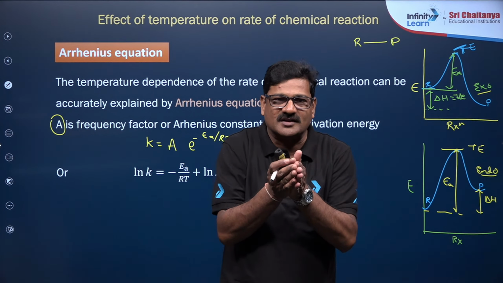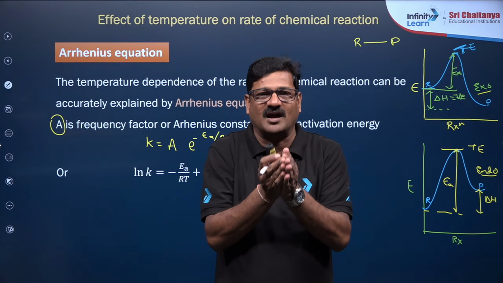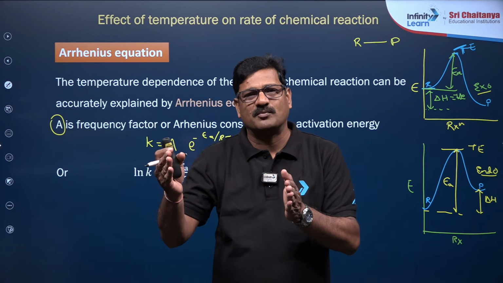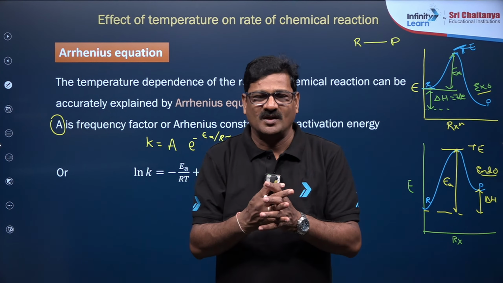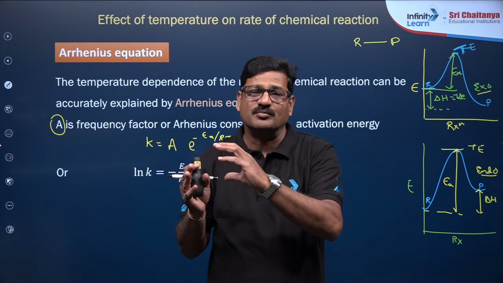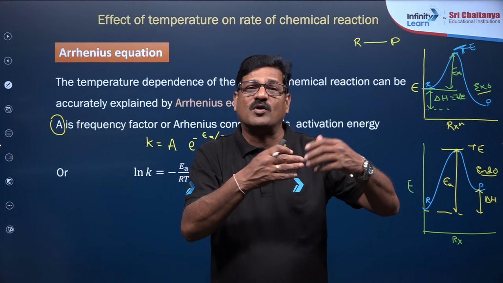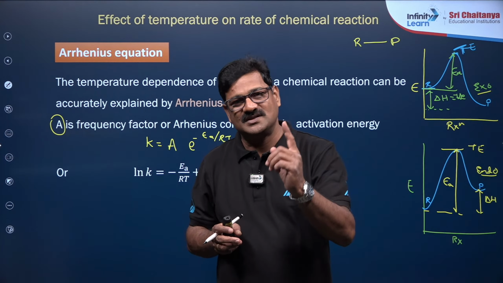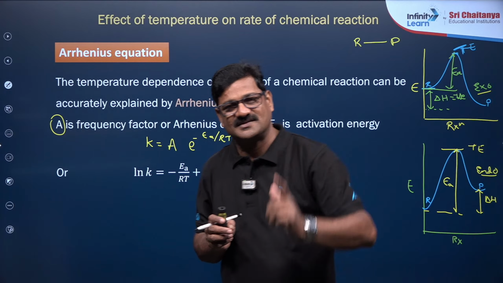At threshold energy, what will be the state? The old bonds of the reactant are broken and the new bonds are going to be established at that level. So you are going to see a transition state.